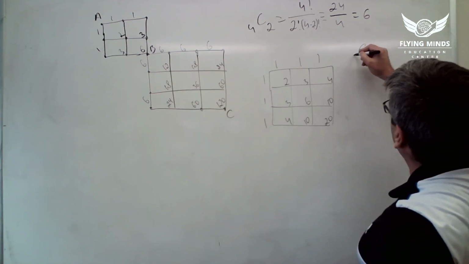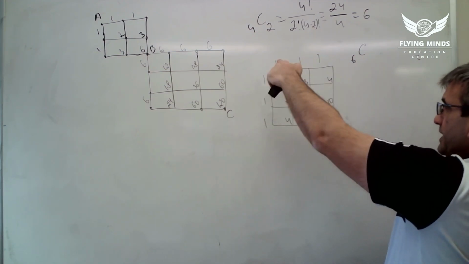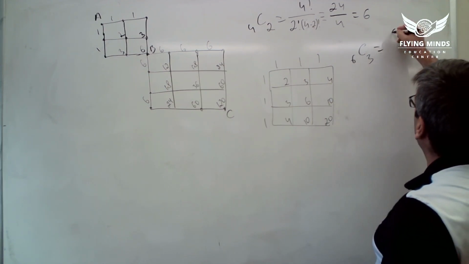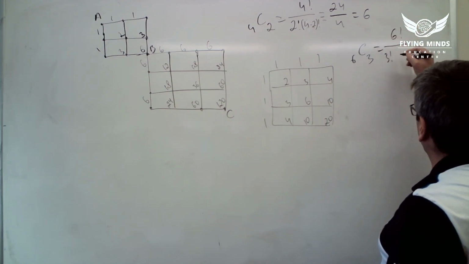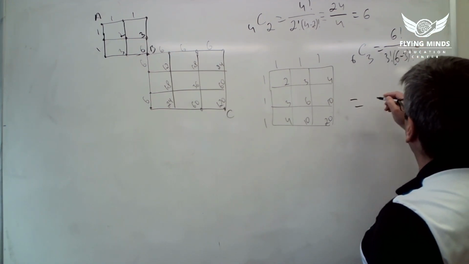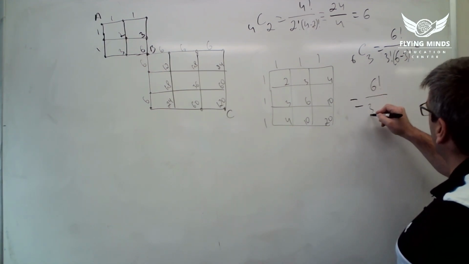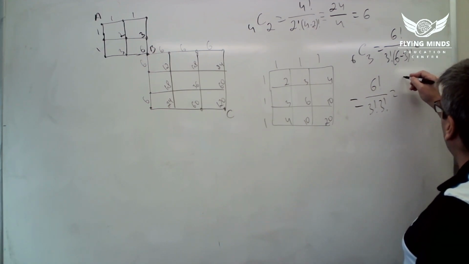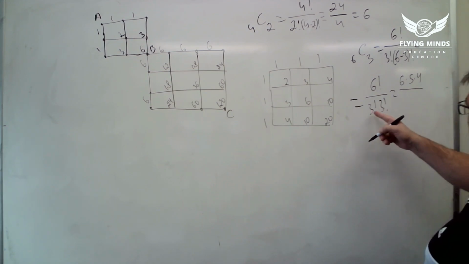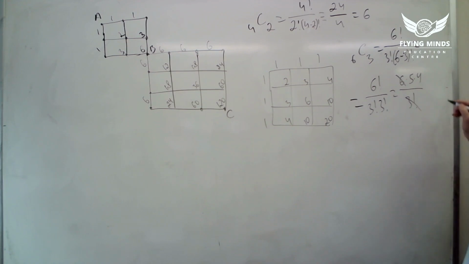Then because we have 3 to the east, 3 south, and then choose 3, this will be 6 factorial over 3 factorial times 6 minus 3 factorial, which is 6 factorial over 3 factorial over 3 factorial, which gives us 6 times 5 times 4 over 3 factorial, which is 6. It gives us 20.